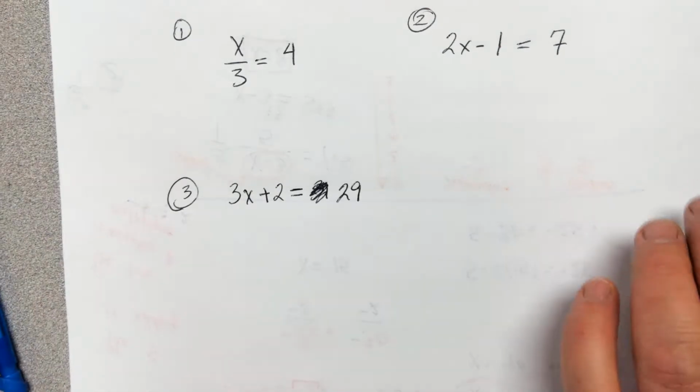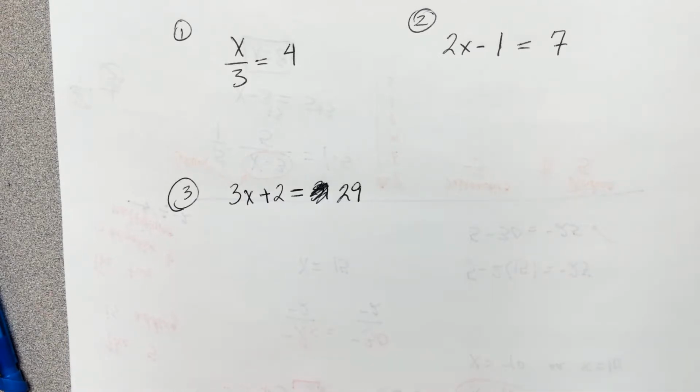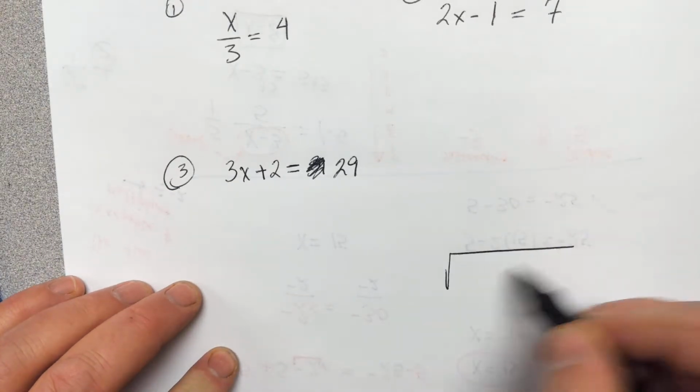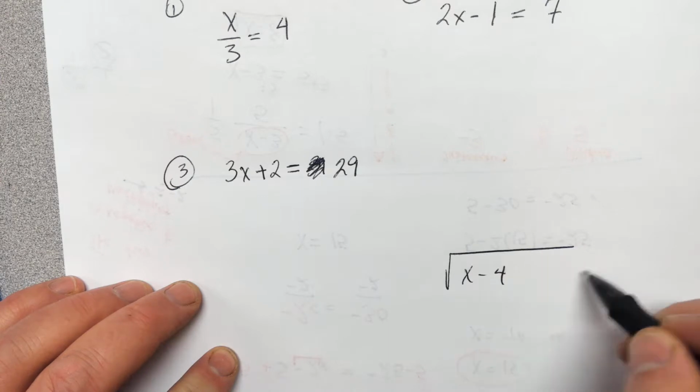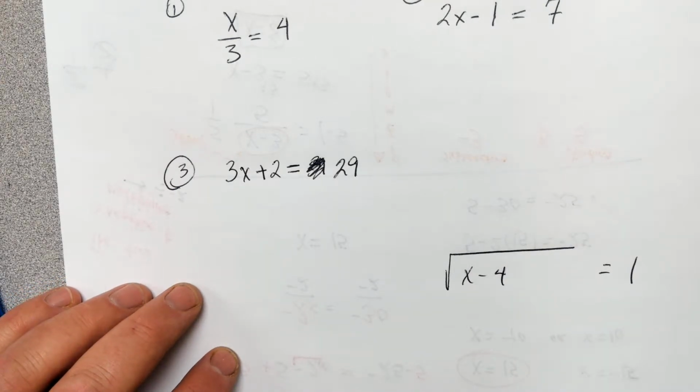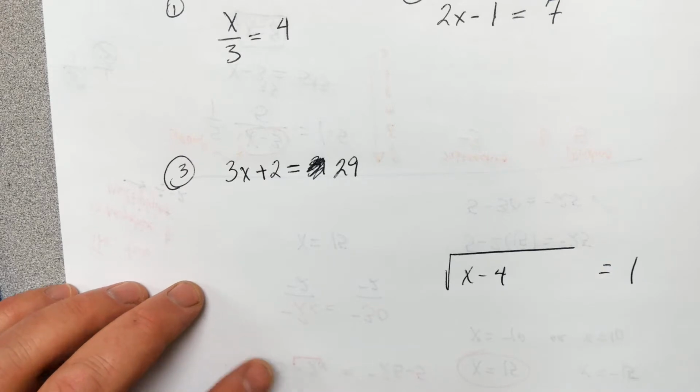Did you get all three? Yeah. So I'm gonna write what I think you're having trouble with on the board. You tell me if this is what you mean. Do you mean that you're having trouble with something like square root of x minus 4 equals 1?